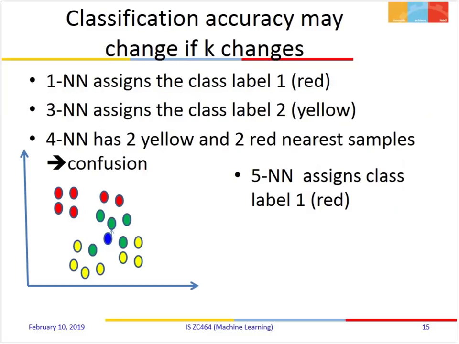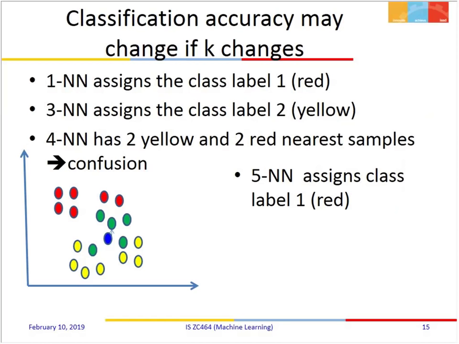So we are giving a weightage to the proximity in terms of its distance. If the distance is large, even though there are 3 points falling closest to this blue point, we will not give importance.